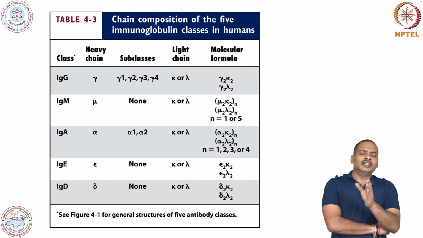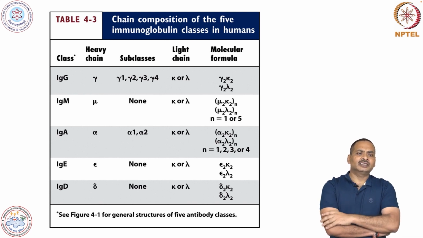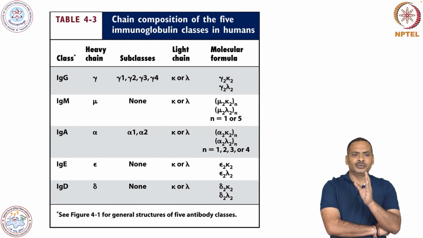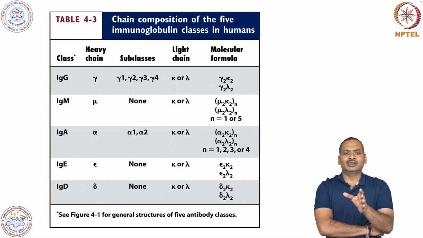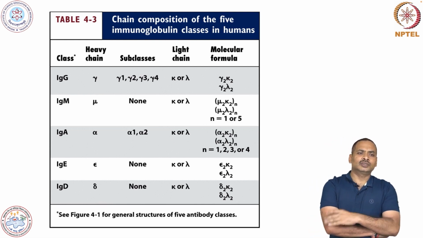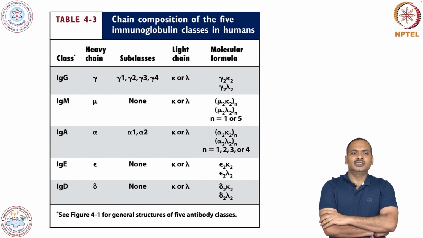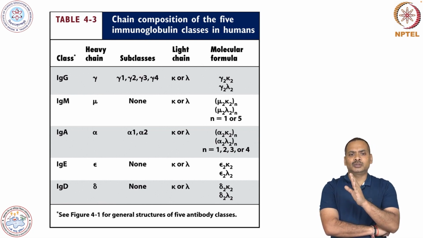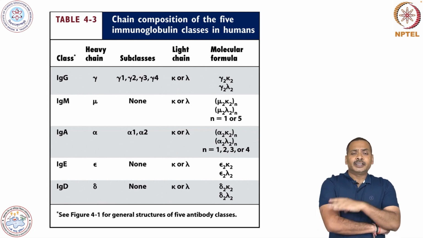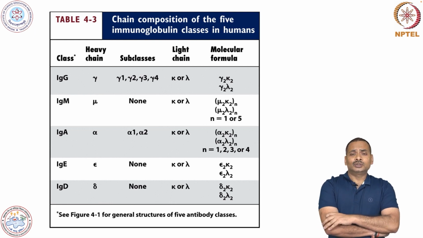They have different heavy chains: gamma, mu, alpha, epsilon and delta. In some cases there are also subclasses. For example, in IgG there are 4 subclasses: gamma 1, gamma 2, gamma 3, gamma 4. In IgA there are alpha 1 and alpha 2 subclasses.